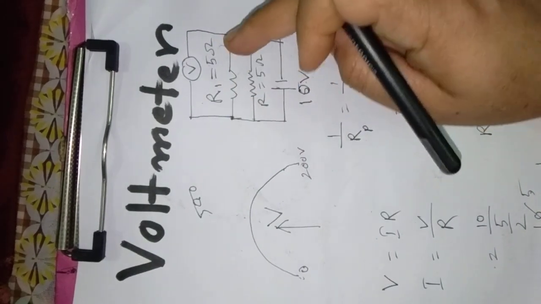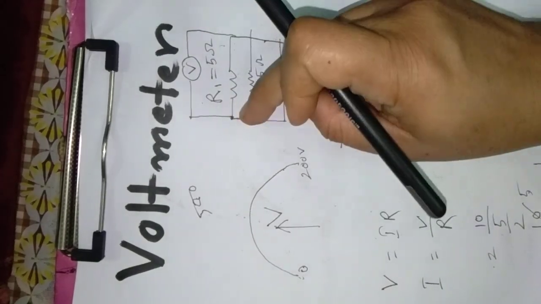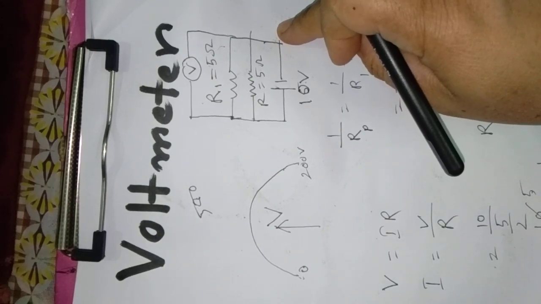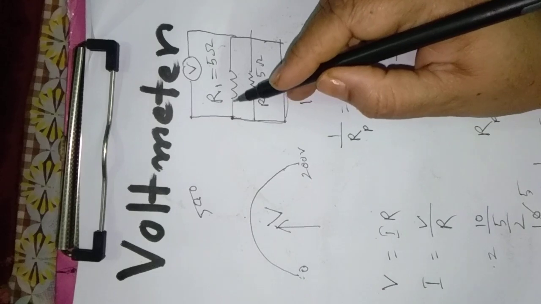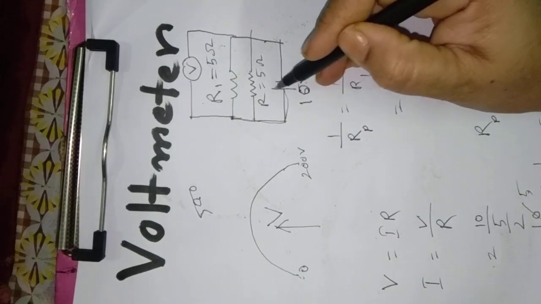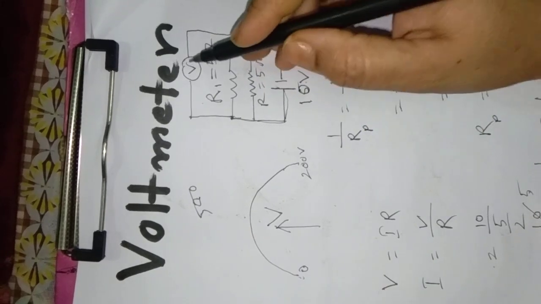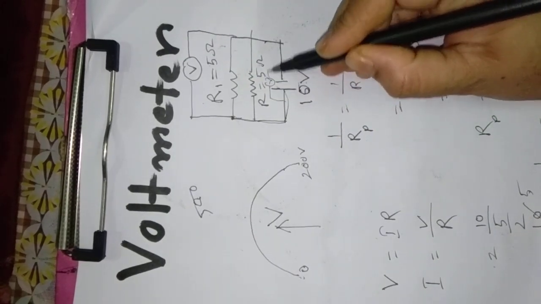And you know, in a parallel circuit, the voltage across these 2 points, or across these 2 points, will be the same, because all are connected to a common end point. These two ends are connected in a common end point, and these two ends are connected in a common end point. So you can put the voltmeter here, you can also put the voltmeter here.